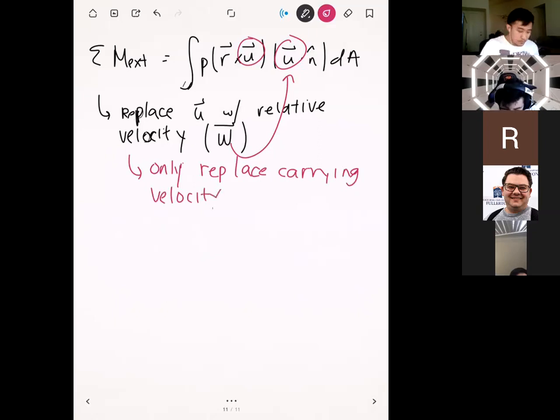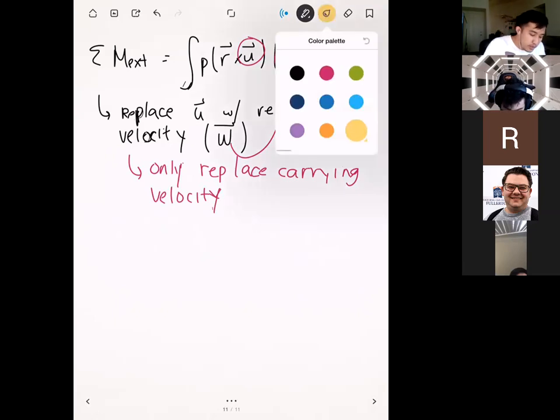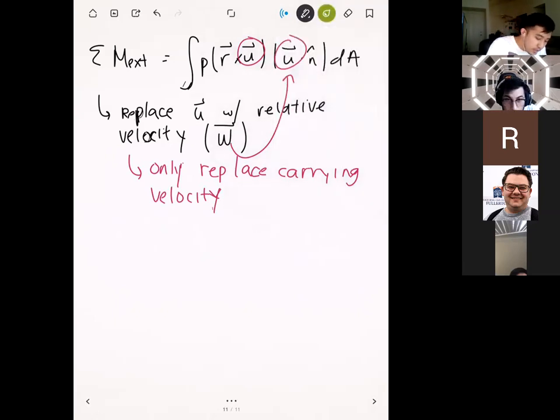The reason for that is, remember, this expression right here is the absolute angular momentum of the fluid. It doesn't make sense to replace this with the relative velocity, because we're not transporting relative angular momentum through our control volume. We're transporting absolute angular momentum.